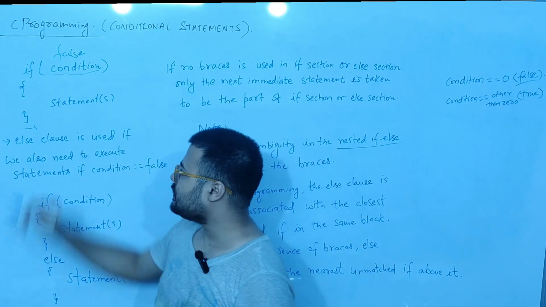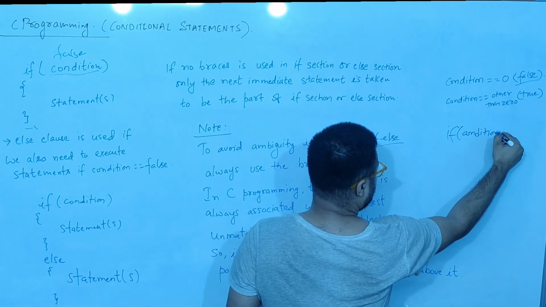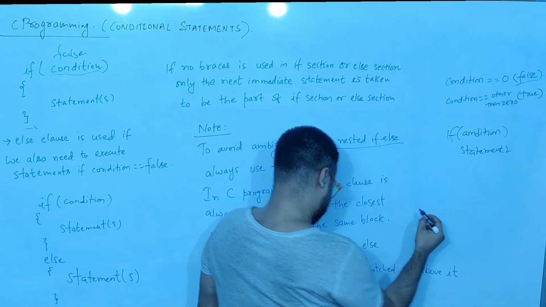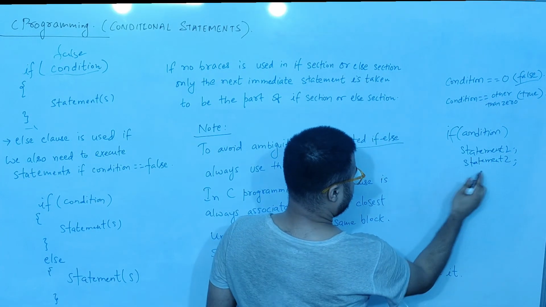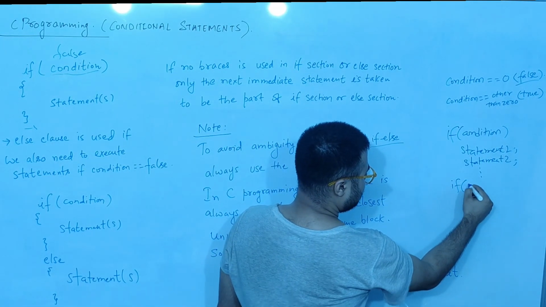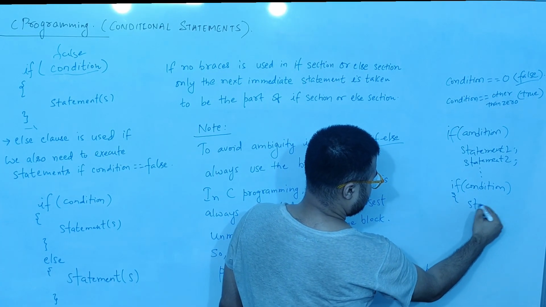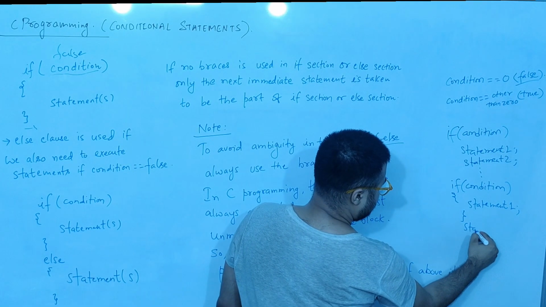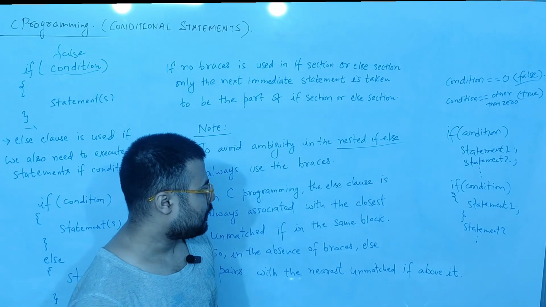But if you don't give the braces, let's say you write just if condition, then statement 1, statement 2, and so on, then actually this is equivalent to if condition, statement 1, and then statement 2 and so on outside.